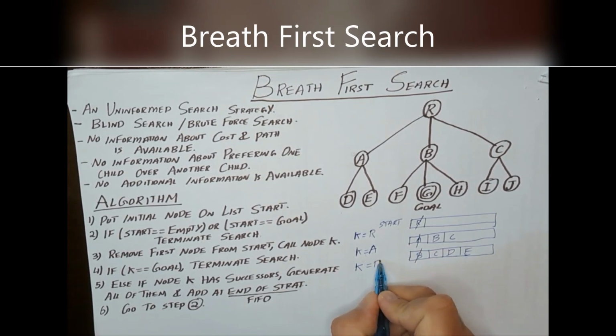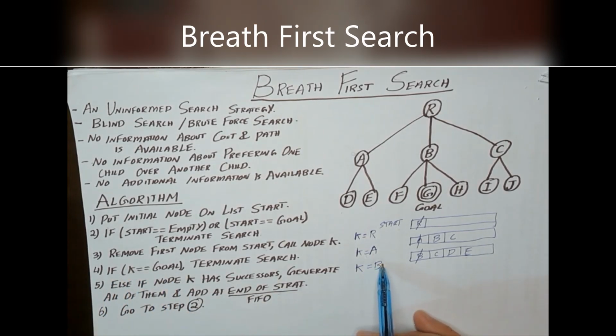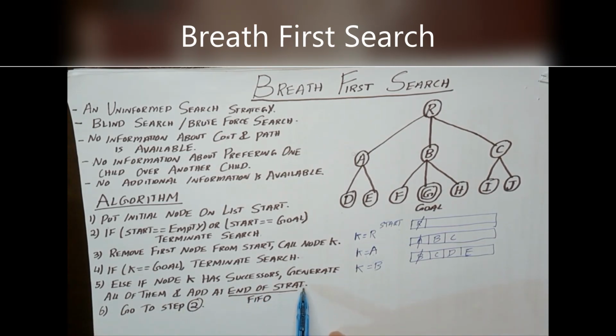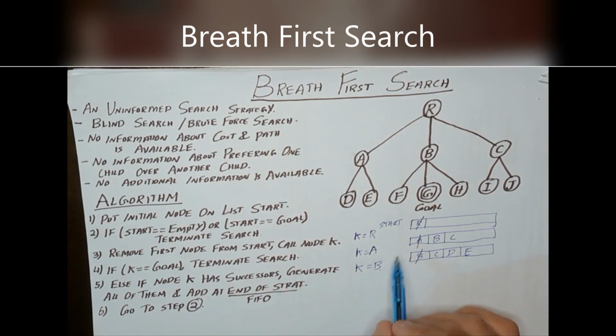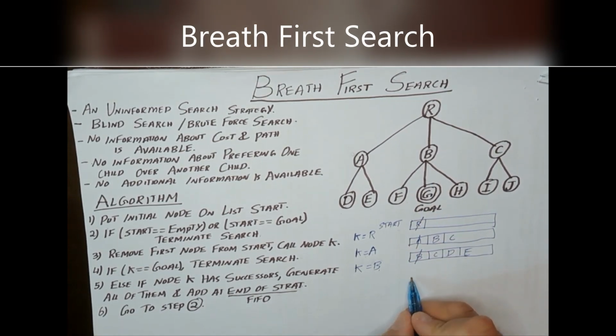Now k will become B. In the fourth step we see again if k is goal, no, it is not goal. We skip this step and move to the next one. If k has successors, generate them and add at the end of the start list. So B has successors, yes, we have F, G and H. So we generate all of them.